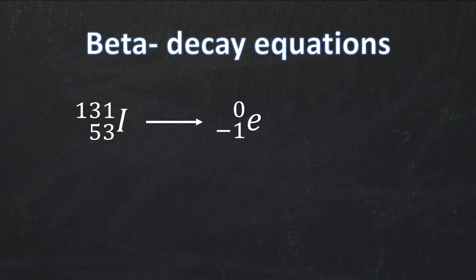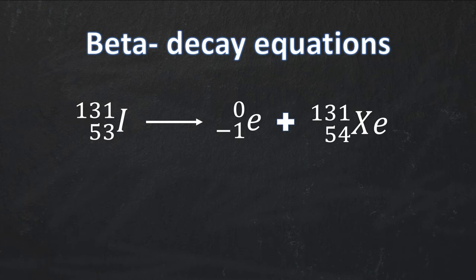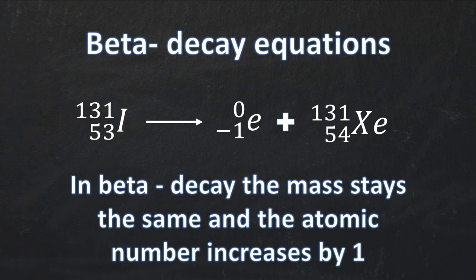Because the neutron changed into a proton, that means we have to add a proton onto the new element that's been formed. So after the iodine has decayed, it's become a new element, xenon. The mass number hasn't changed because there are still the same amount of particles in the nucleus. To summarise, in beta minus decay, the mass stays the same and the atomic number increases by 1.